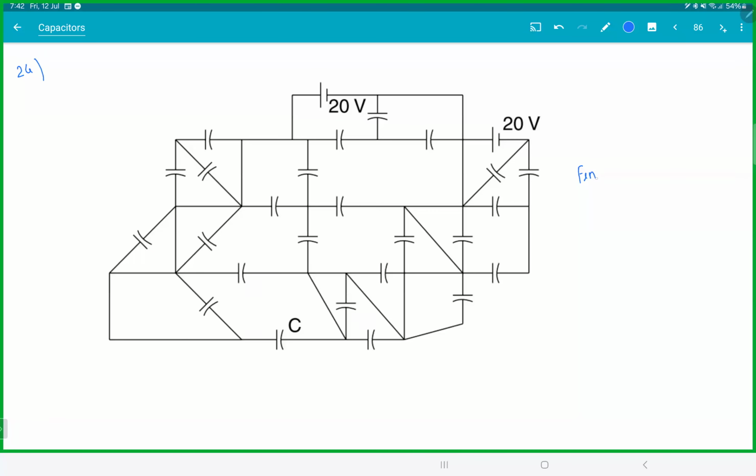Find the charge on the capacitance, the one which is marked with a symbol. The value of this C, all our capacitances are C, which is equal to 2 microfarad. But specifically, I'm showing you this one you have to find.